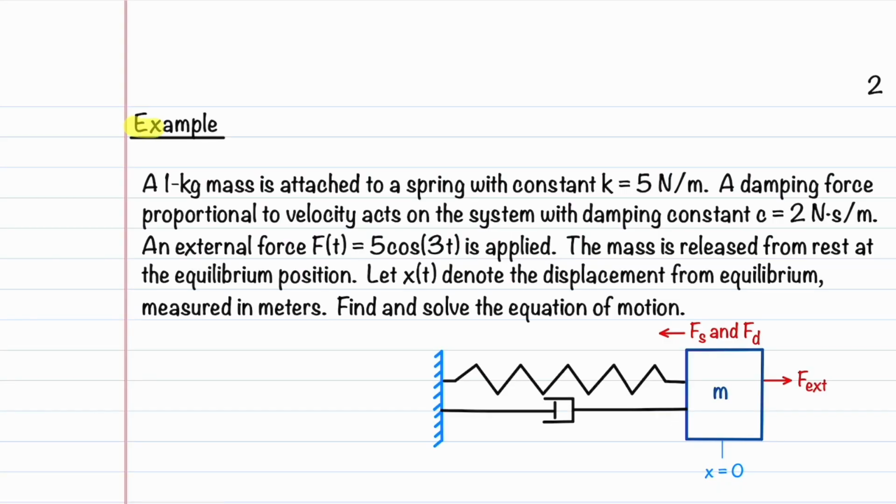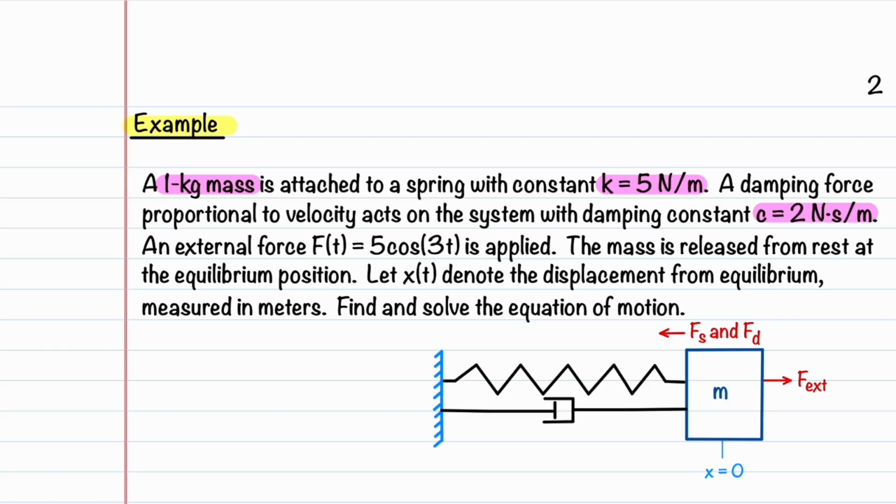Let's now walk through an example of a mass spring system with oscillatory forced damping. In our system, we have a 1 kilogram mass that is attached to a spring with a constant k equal to 5 newtons per meter. There's also a damping force that is proportional to velocity that acts on the system, and it has a damping constant c equal to 2 newton-seconds per meter.